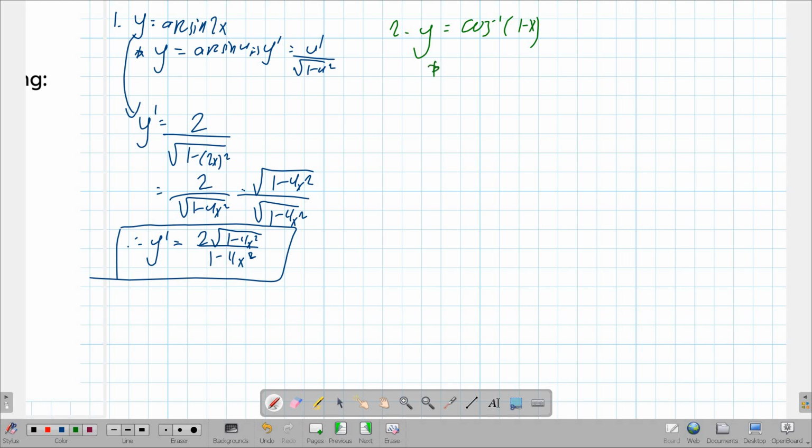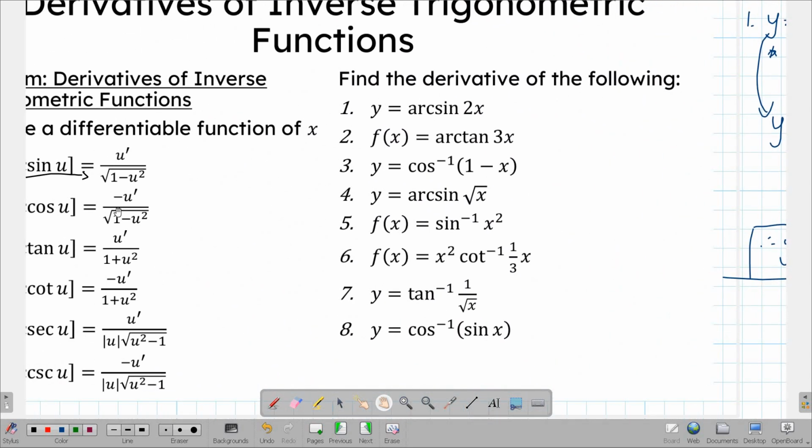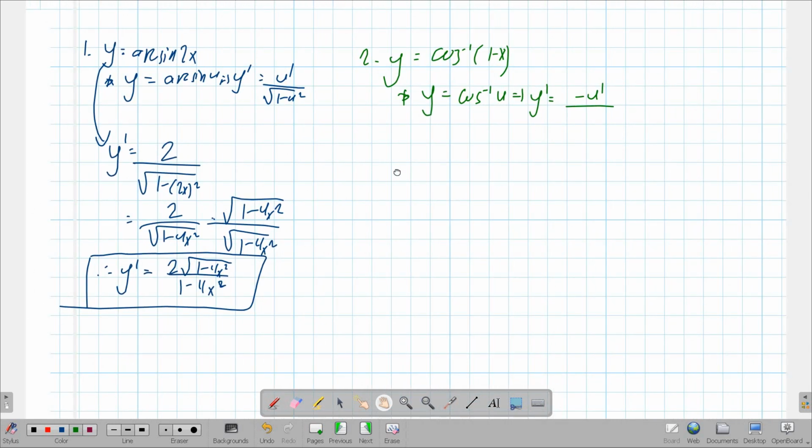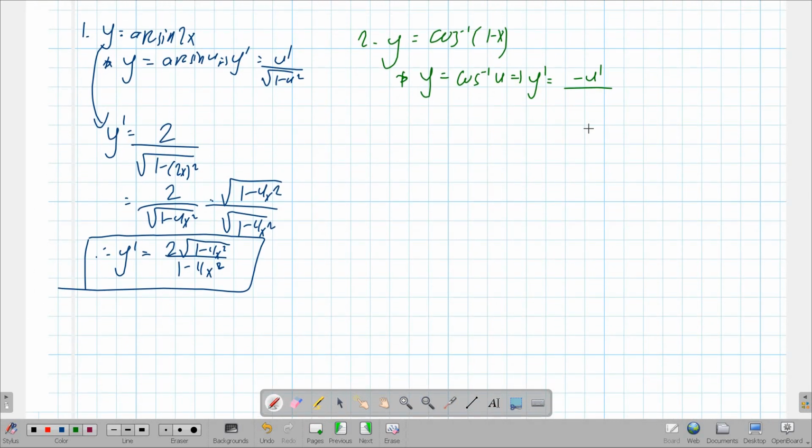Take note, the derivative of inverse cosine u would be y prime is equal to negative u prime over the square root of 1 minus u squared. In this case, our u is 1 minus x, so the derivative of that would be negative 1.